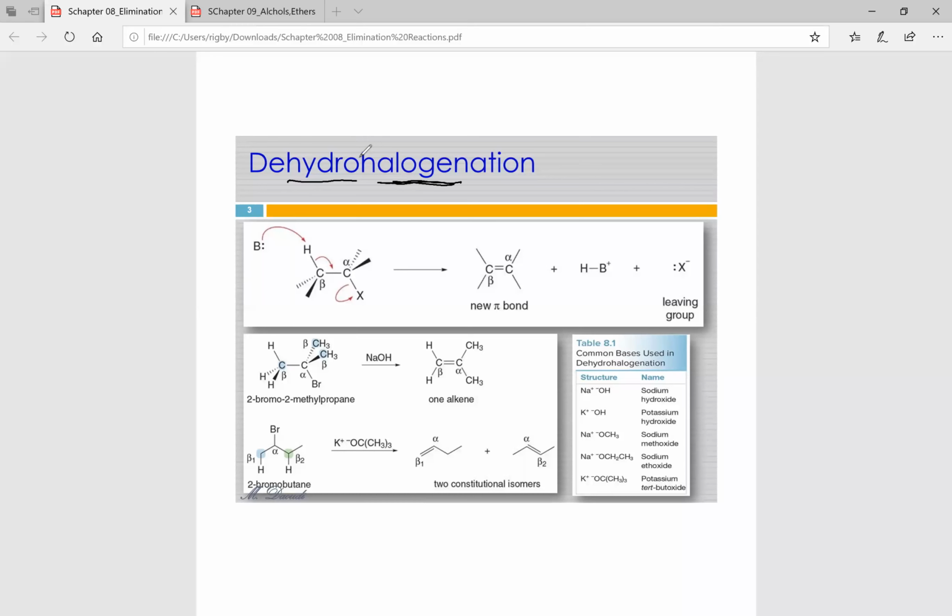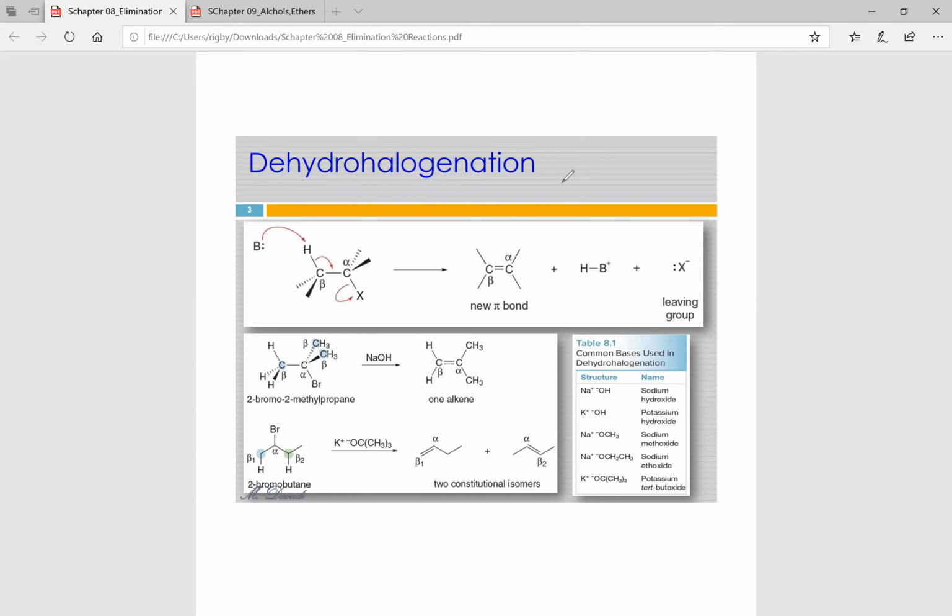In Chapter 9, we do see elimination using OH groups in an alcohol and then an H group right here. This would be known as dehydration, because we lose an OH and an H, so we lose H2O overall. That's where these different names come in. When we're talking about alkyl halides and elimination, we are talking about dehydrohalogenation.